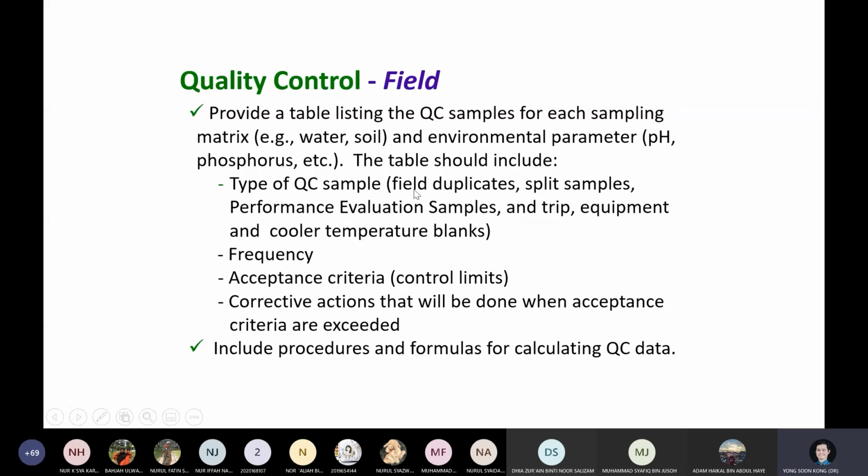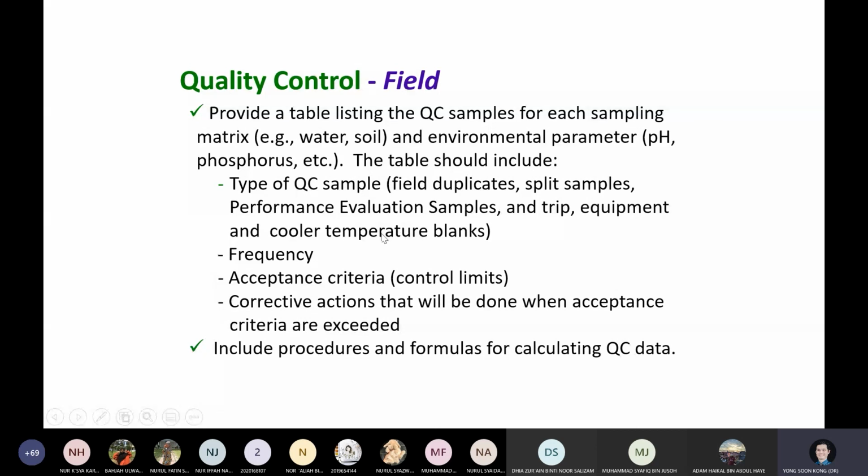It could be field duplicates, split samples, performance evaluation samples, and equipment and cooler temperature blanks. In general, there are duplicates, standards, and blanks. Blanks are usually emphasized in quality control. Each of these QC samples serves a different purpose, which we elaborate on in the following slides.